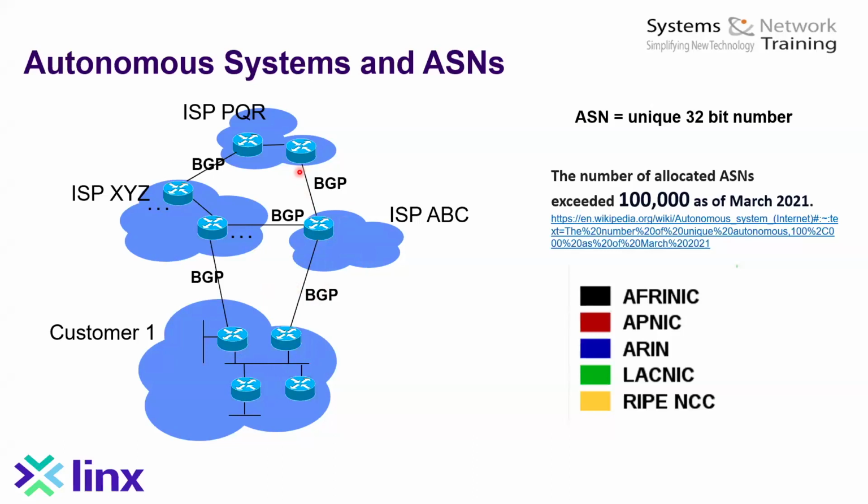Now, question: how does BGP know which organization is passing it routes? Okay, so if I'm a customer here and I connect to the service provider here, of course, initially someone from this organization is going to have a conversation with someone from the service provider up here, or this service provider over here.